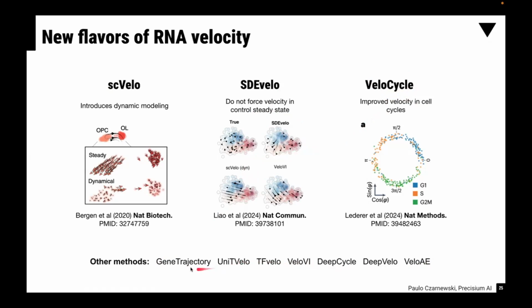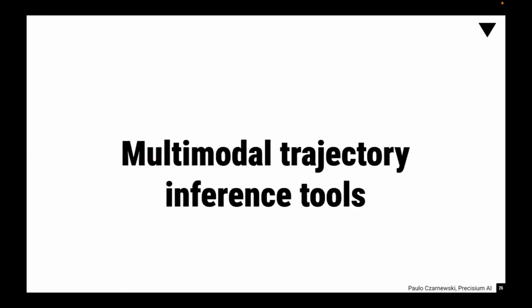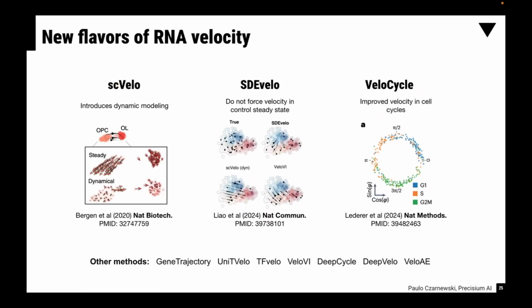So choose the best, or just simply go, maybe scVelo is actually quite user-friendly, or Velocyto from Lina is also really good. Any questions on this part?